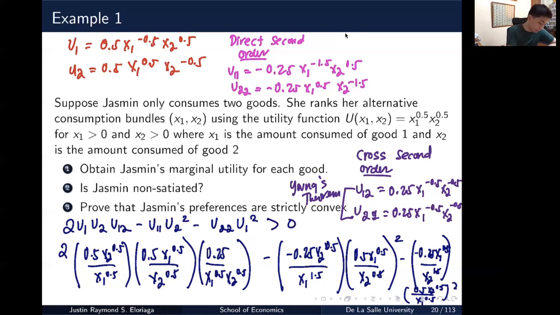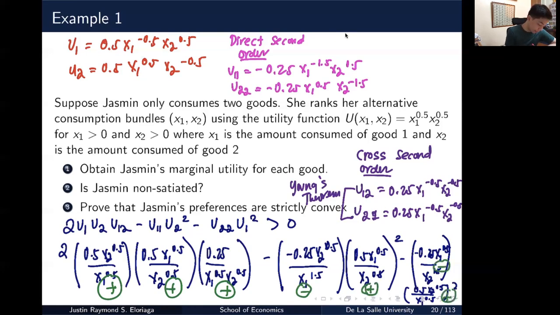Now, how do I say this? Just by looking at a couple of signs, I know that u1 is positive, u2 is also positive, and u12 is also positive. u11 is negative, and u2 squared is positive.